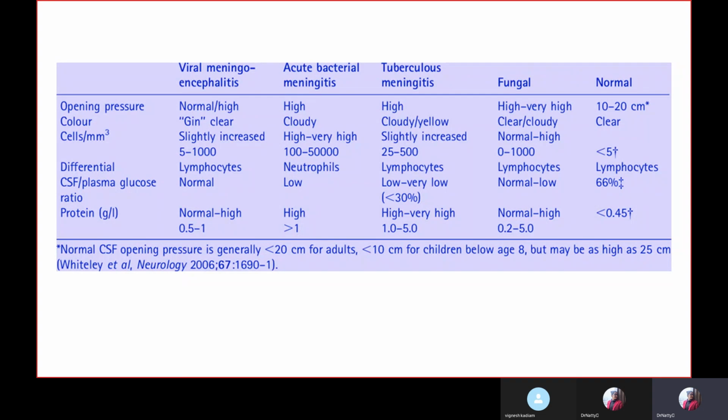If the protein levels are high, then it is tuberculosis meningitis. If the protein levels are normal, then it is usually indicative of viral infection. And after seeing the protein value, you have to see the glucose value. The glucose value is normal in case of a viral infection. In case of a bacterial infection, mainly tuberculosis, the glucose levels are low. So remember, the protein and glucose levels are normal in a viral infection. For a bacterial infection, the glucose level is low and the protein level is high.